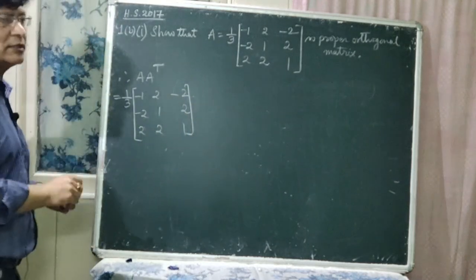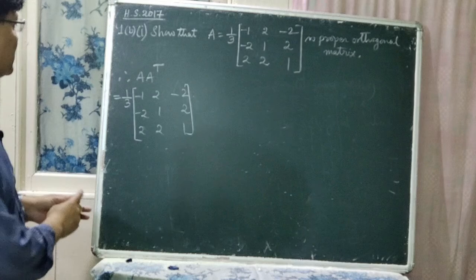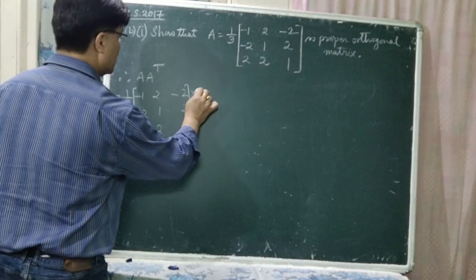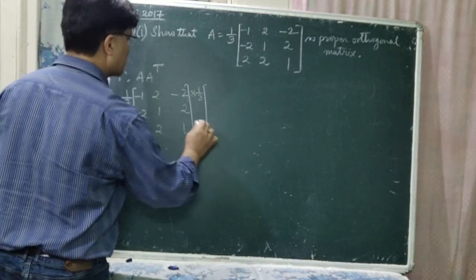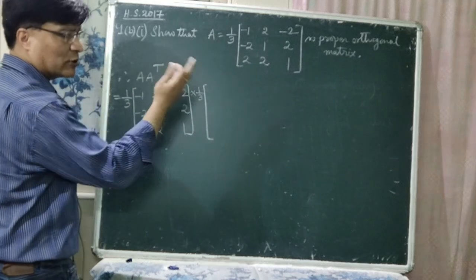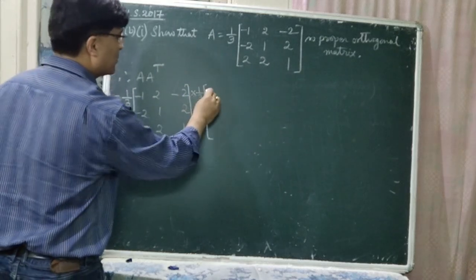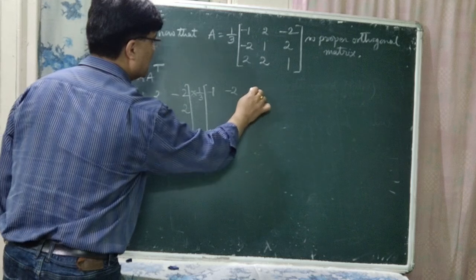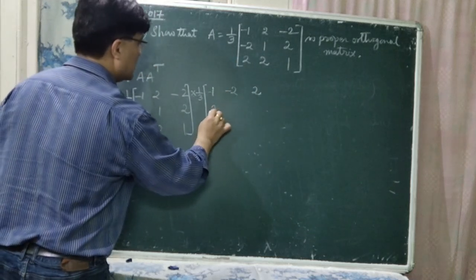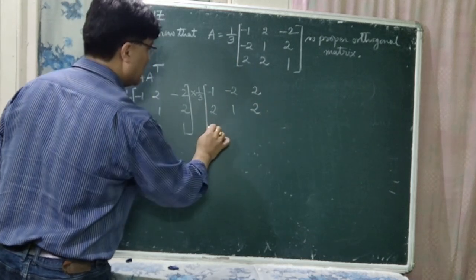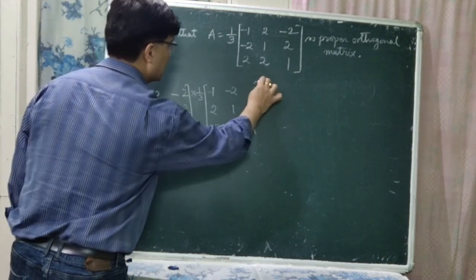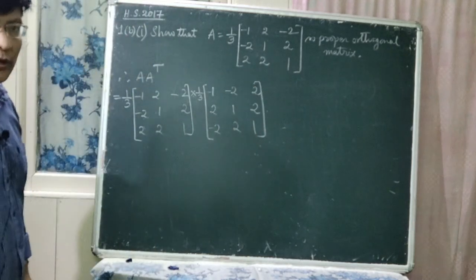This is the matrix A. Now find out A transpose into 1/3. Change rows into columns and columns into rows. Now the first column becomes the first row: -1, -2, 2. Then 2, 1, 2. Then -2, 2, 1. Is that clear to all of you?